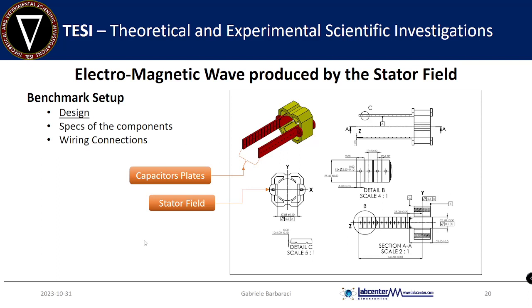Now, the 3D printed part is characterized by two plates, where each plate is designed to have a gap between one plate and the successive one. So when we put the copper tape on top of it and separate each plate, we generate a capacitor from one plate to another.